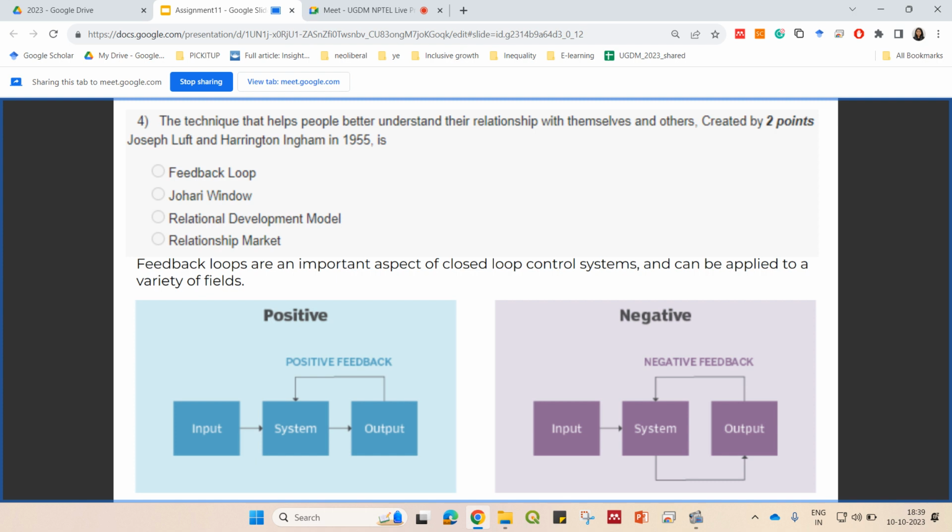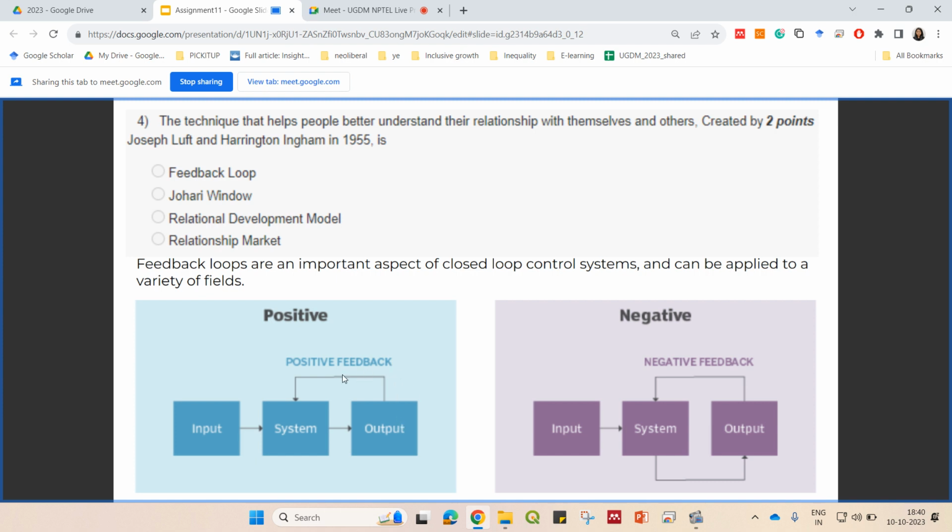Feedback loops are an important aspect of any kind of closed loop control system and can be applied to a variety of fields. A closed loop system is where you give an input into some kind of system and then you get an output out of it. Based on that output and on what you wanted, you can have some kind of positive or negative feedback.